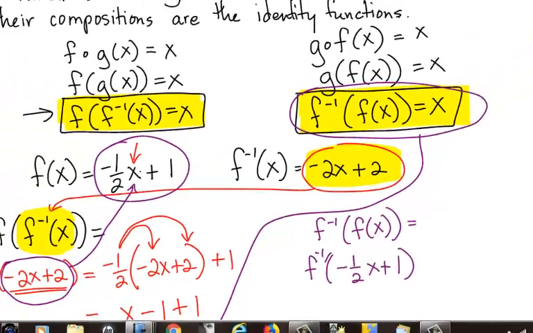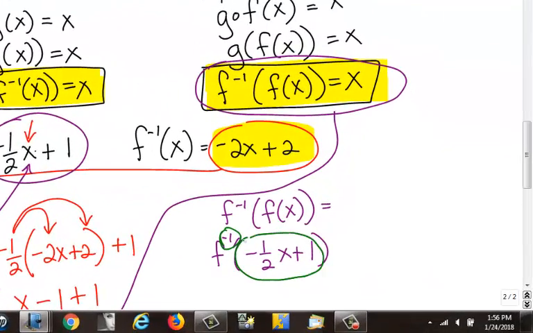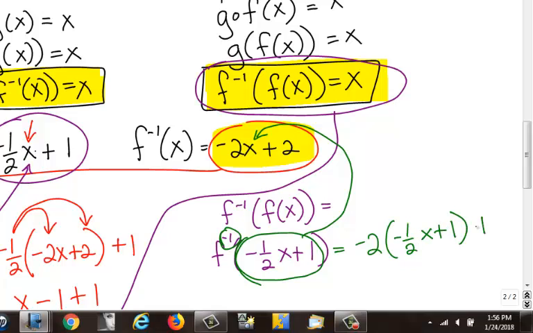Everywhere in the inverse function where I see an x, I need to put this in. So negative 2 times negative 1/2 x plus 1, plus 2.